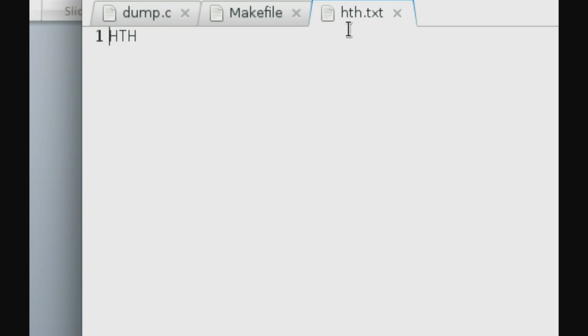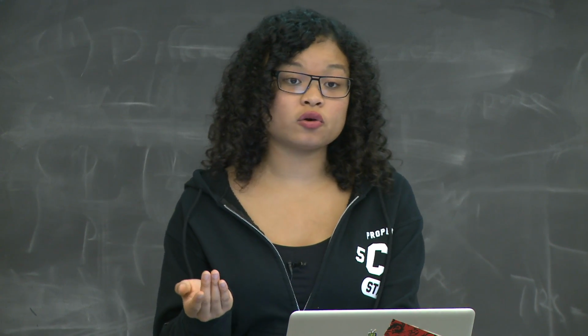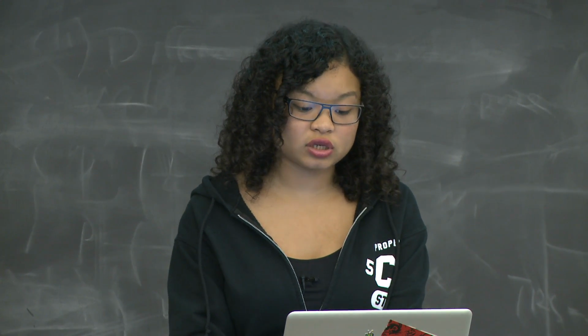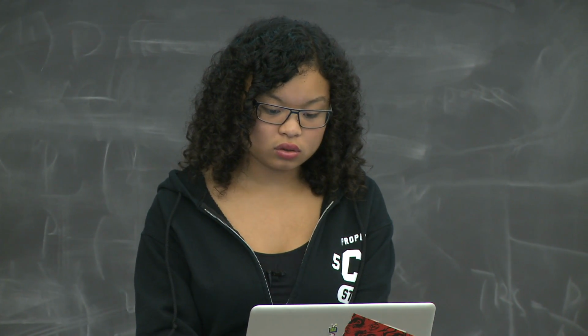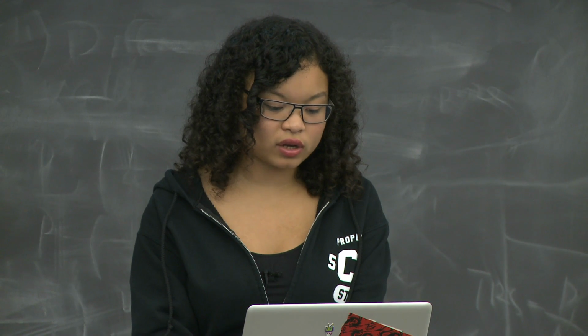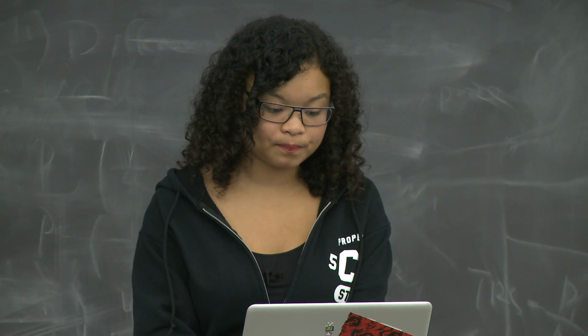And here we are in hth.txt. It indeed has HTH. And included in there, although we can't see it, is actually a newline character. And so the Huff file hth.bin is also kind of encoding the newline character as well.